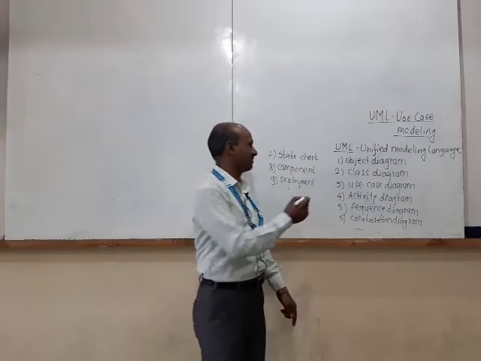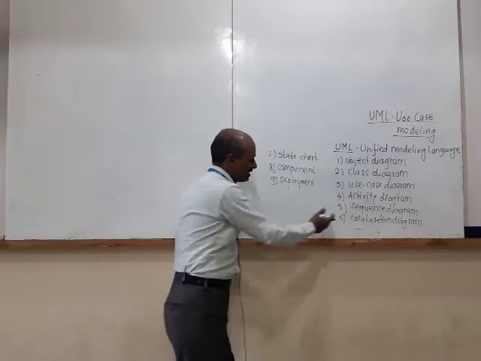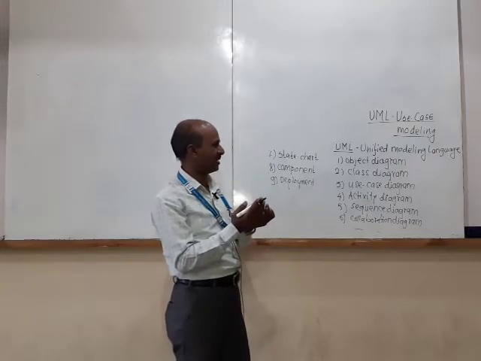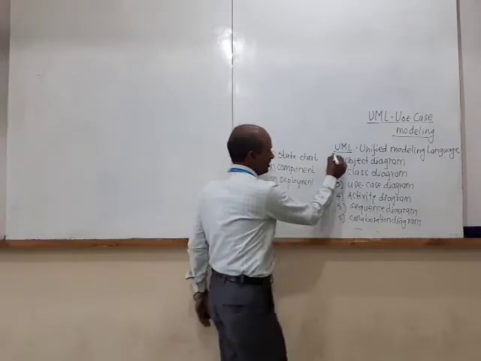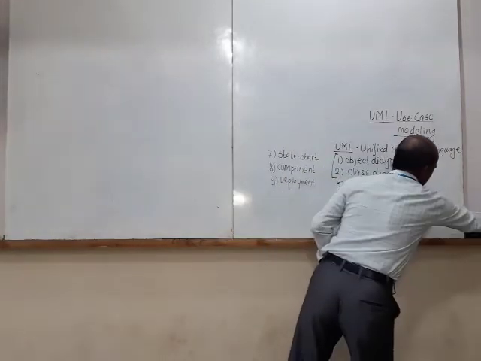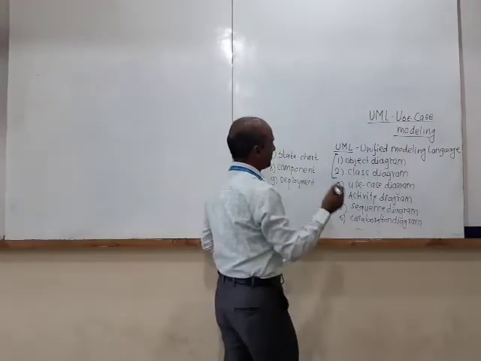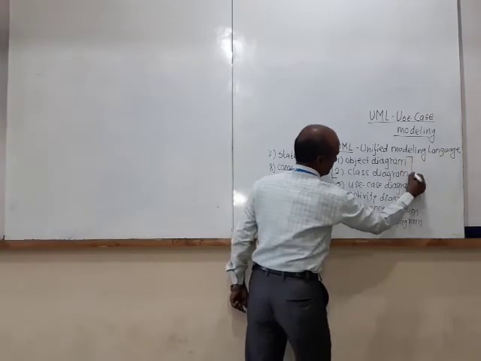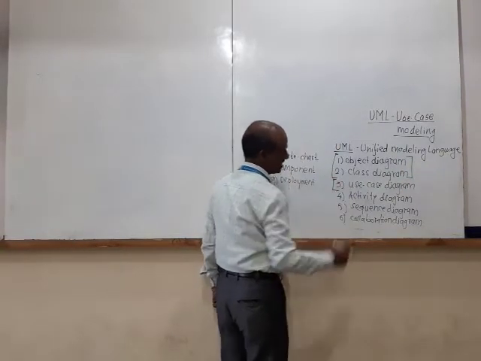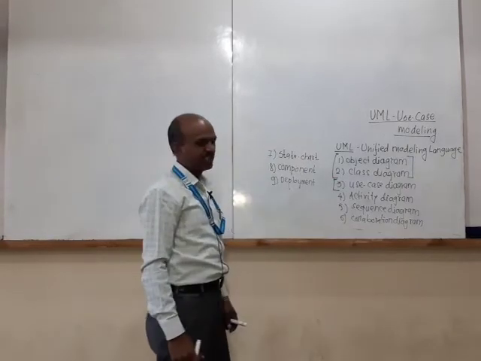Out of that, all these 9 diagrams cover all the views of software development. For example, these 2 diagrams cover the static view of the system. This diagram covers the user view of the system.